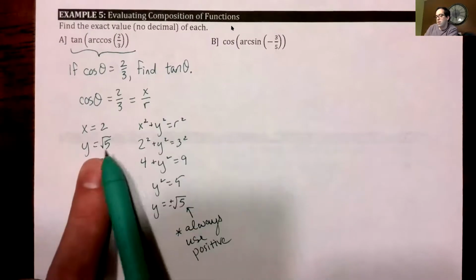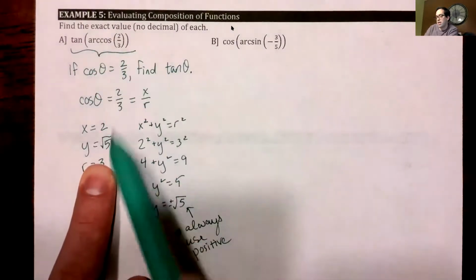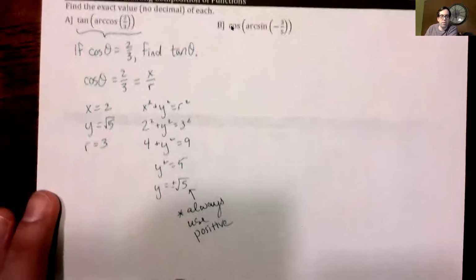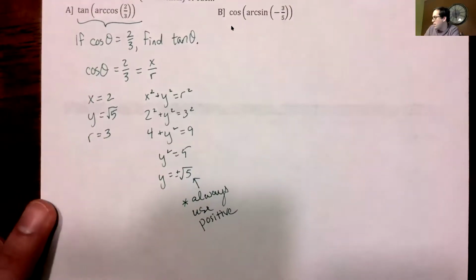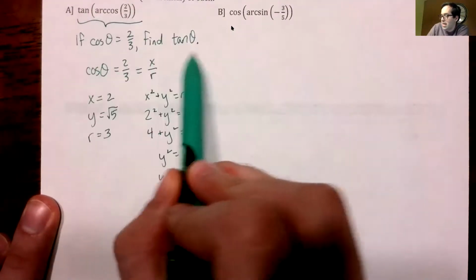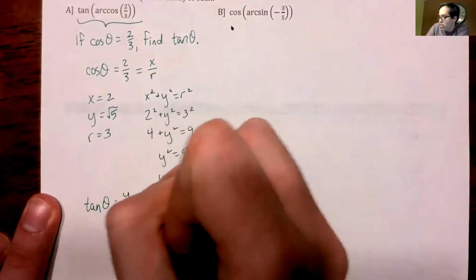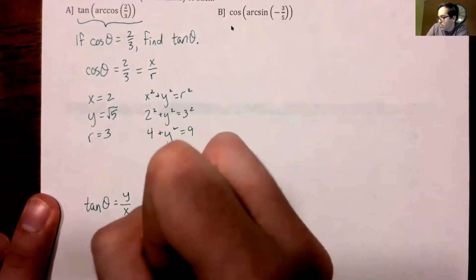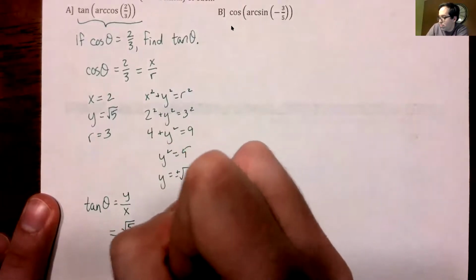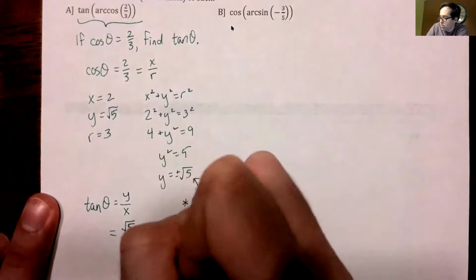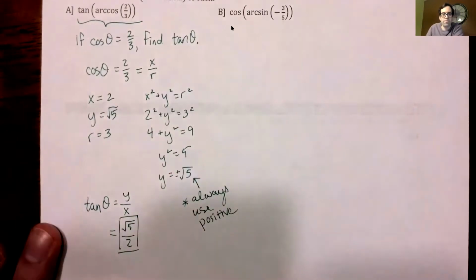So the only choice for the y value in this context is for it to be positive. So we have to use the positive. Then we were told to find tangent of that angle. Tangent is y over x, so we had a y of root 5 over an x of 2. And there's our answer.